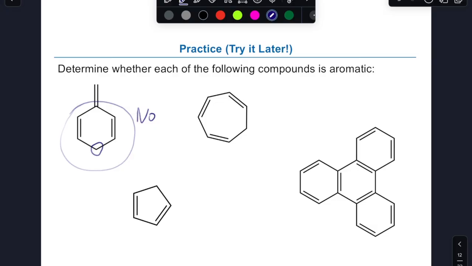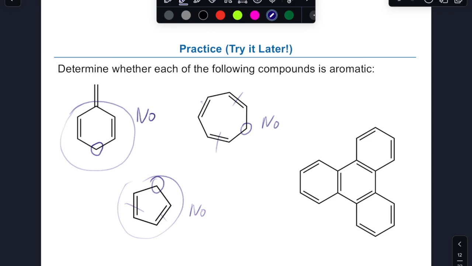This one has 2, 4, 6 electrons in a cycle. However, once again, there's an sp3 center, so not aromatic. This molecule has only 4 electrons, which violates 4n+2, and once again there's an sp3 center right there, so no, it's not aromatic.